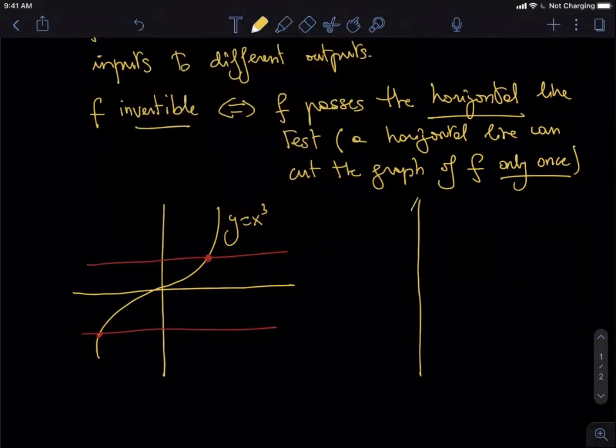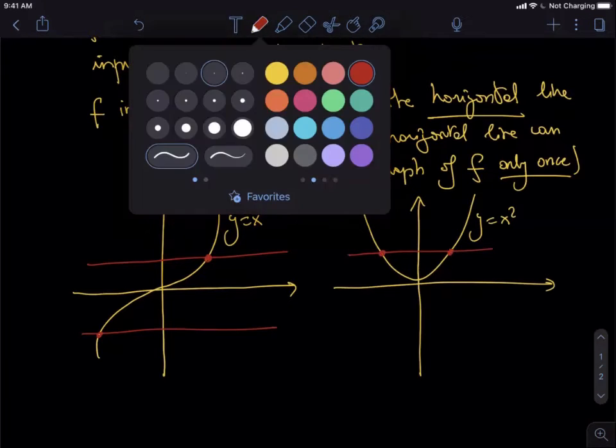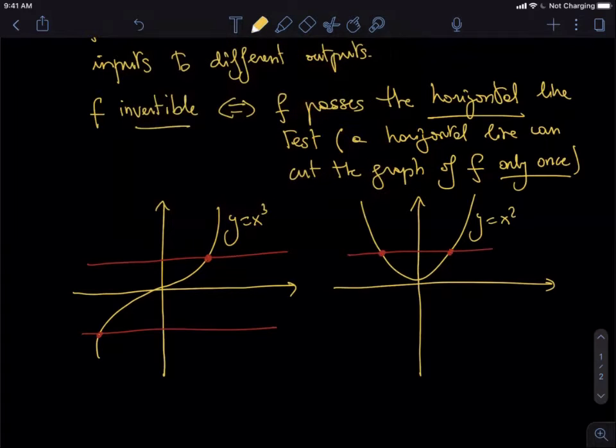But a simple function that doesn't pass the test is y equals x squared. You see, because here, except at 0, the rest of the points are going to cut twice.